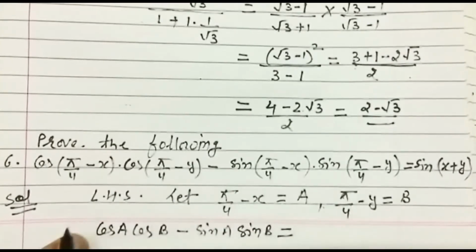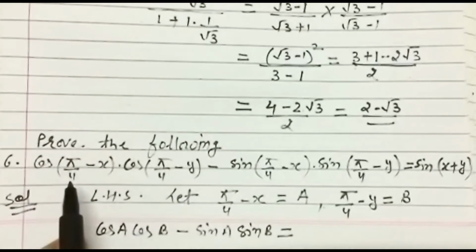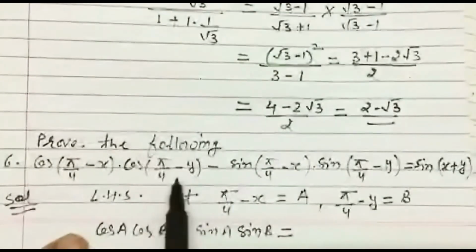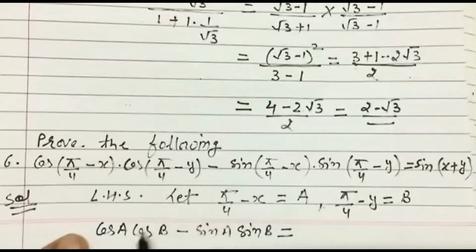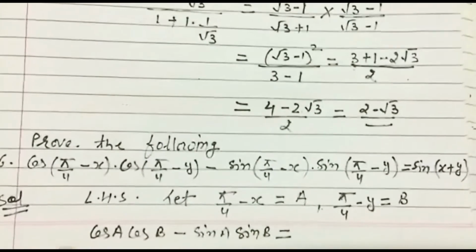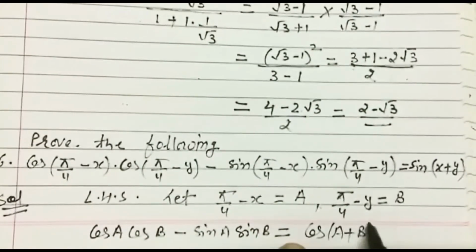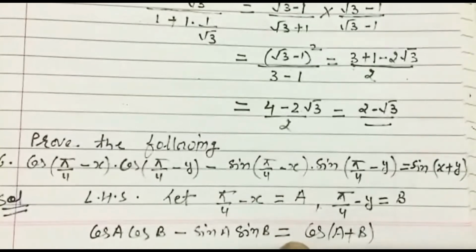Write a in place of pi by 4 minus x and b in place of pi by 4 minus y. So it is cos a cos b minus sin a sin b. It is the formula of cos(a plus b). And now again write the values of a and b.